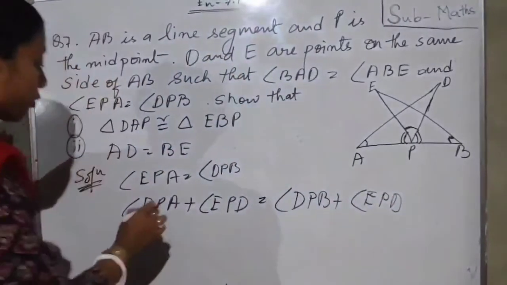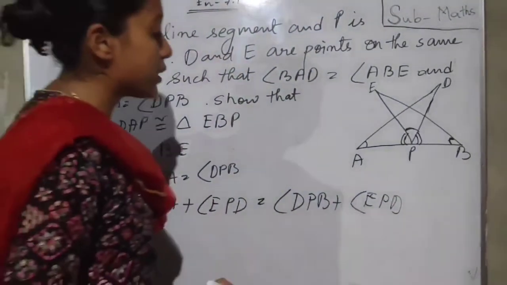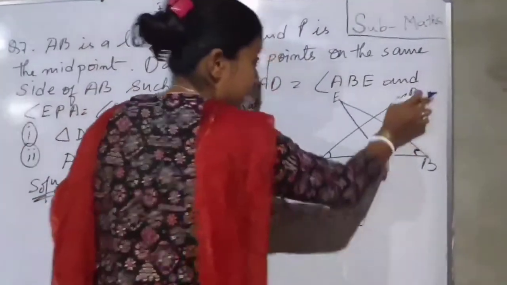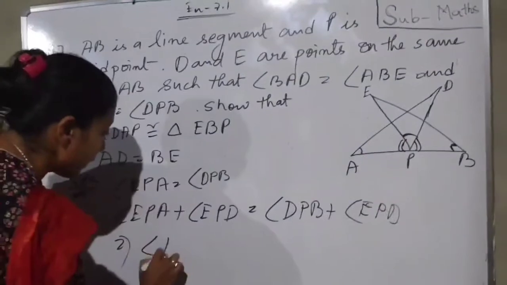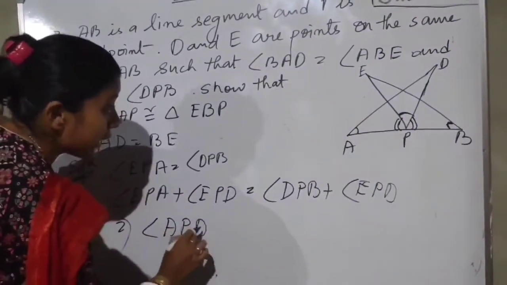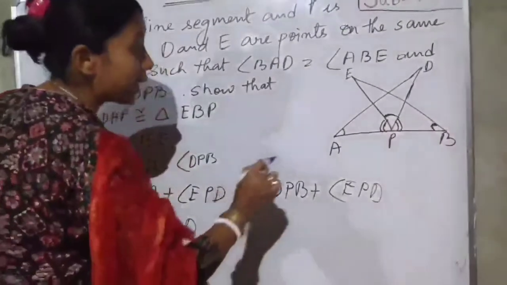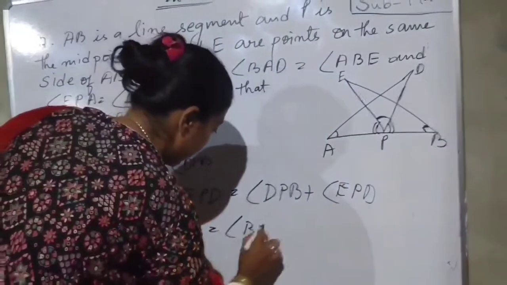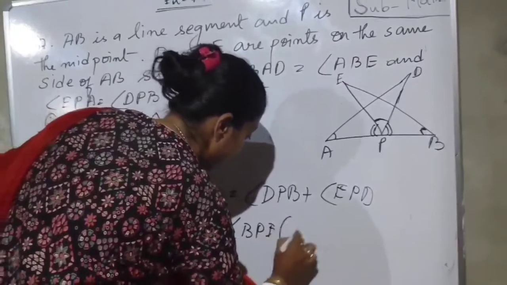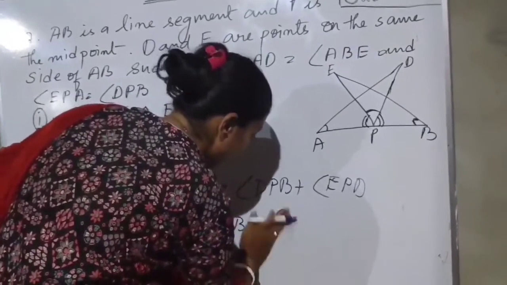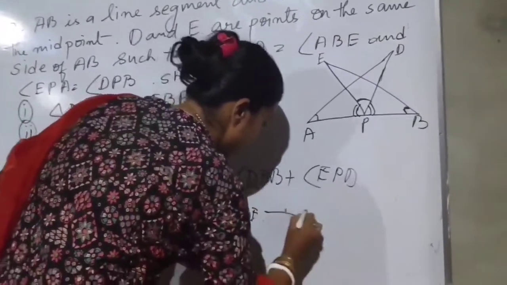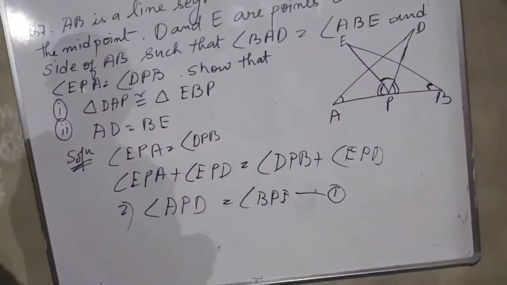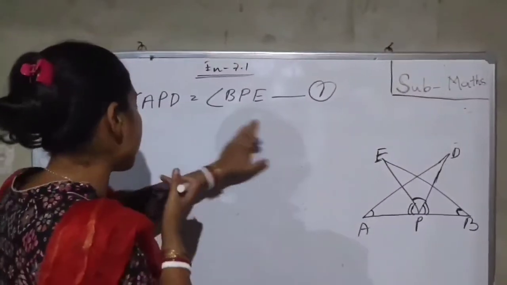So from here, angle EPA plus angle EPD is angle APD, and this side we will get angle BPE. Give this as equation 1.